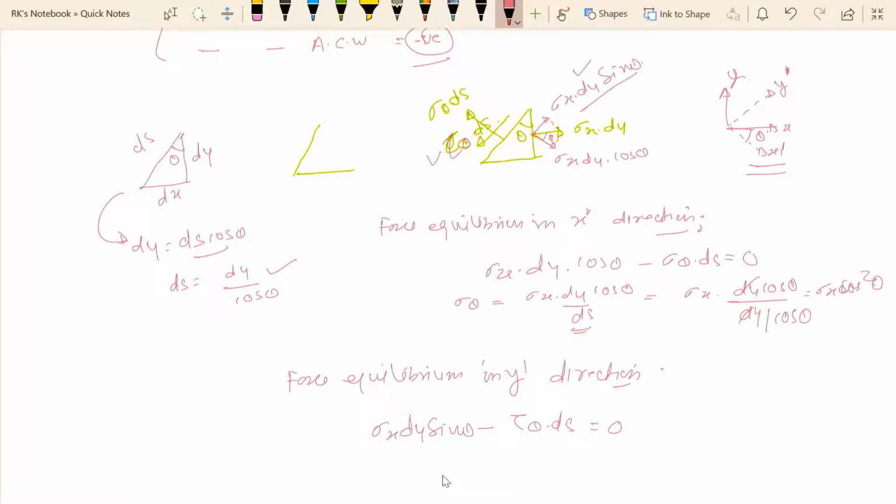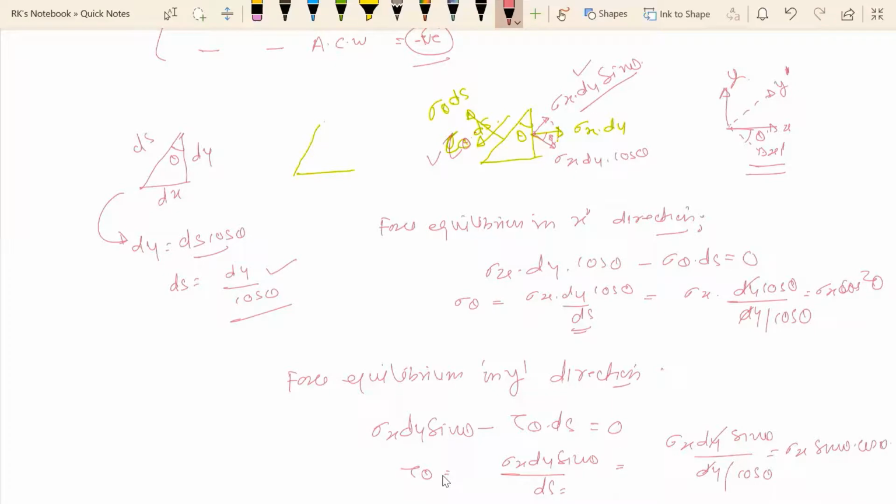From this equation we can find tau theta is equal to sigma x dy sin theta over ds. And again we know that ds can be written as dy over cos theta. So sigma x dy sin theta over dy over cos theta, the dy gets cancelled out, and this becomes sigma x sin theta cos theta.